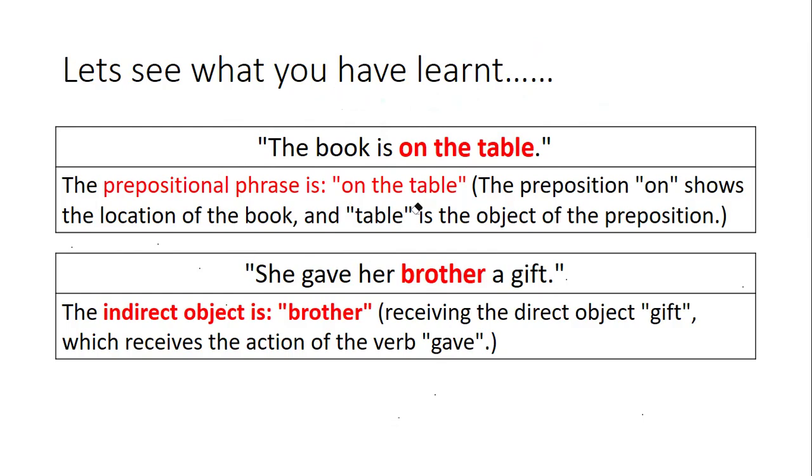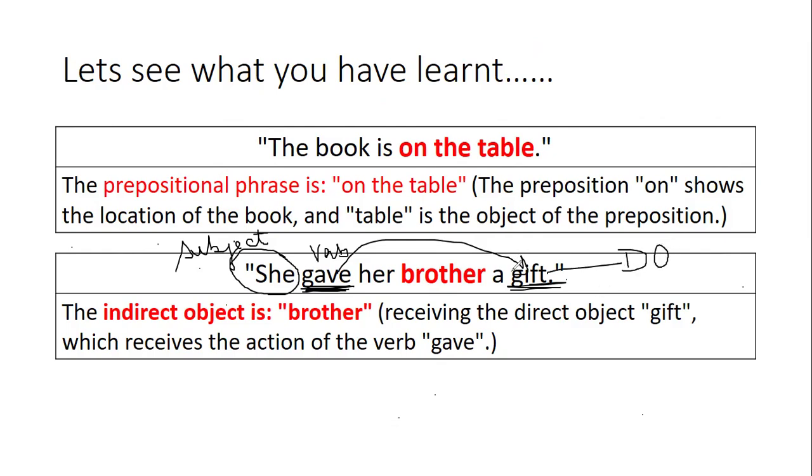She gave her brother a gift. She, we are talking about someone, and that is the main character of our statement. She, so that is our subject. She gave. What action is she performing? She is giving. So gave is our verb. What did she give? She gave a gift. So gift is our direct object.